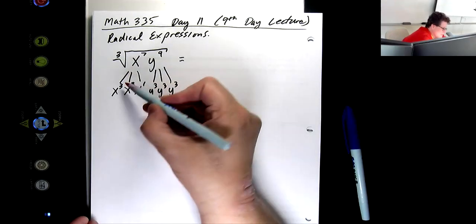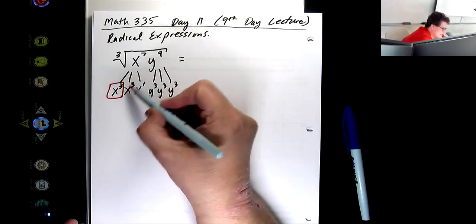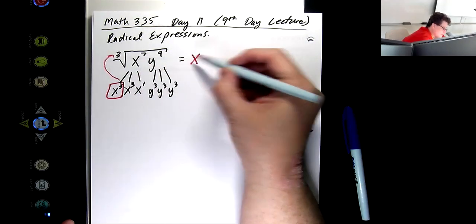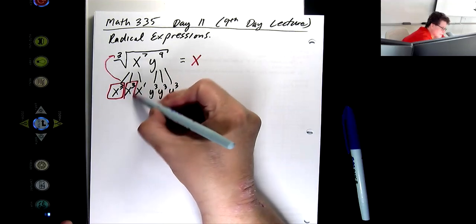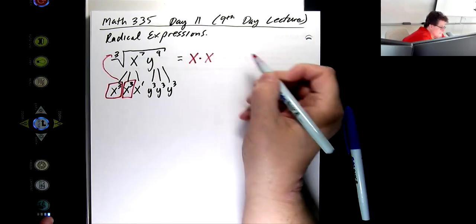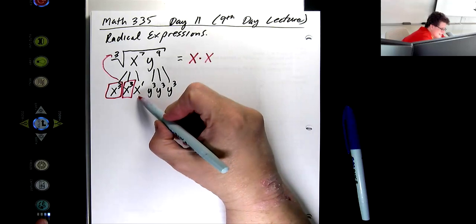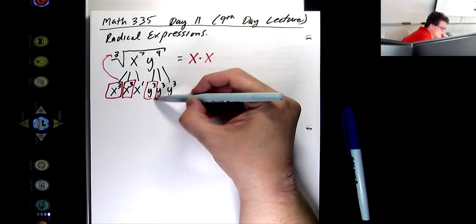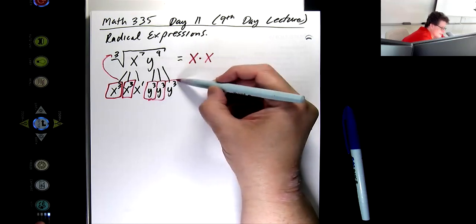All right, so each one that makes a full cube, the 3 matches the exponent out here, means I can pull one out front. This one means I can pull another one out front. That one does not have a 3, so it's got to stay inside. This has got a 3, this has got a 3, and that's got a 3.